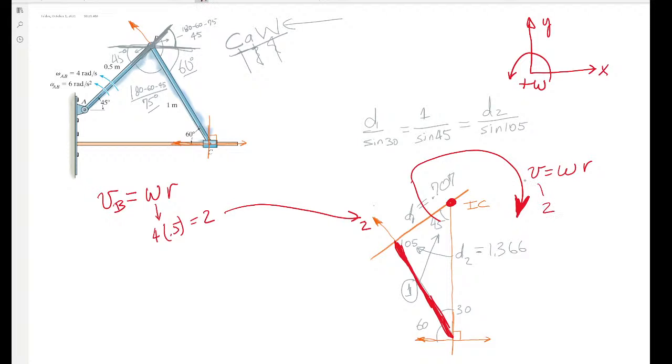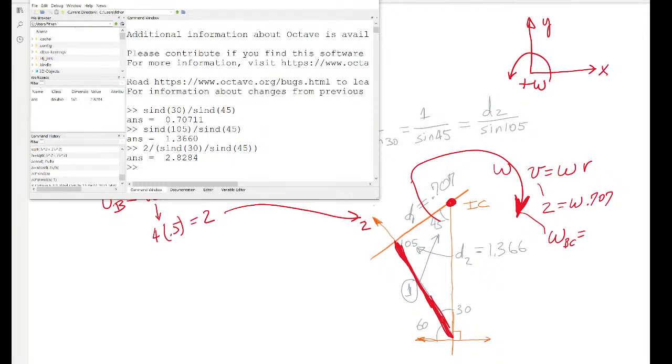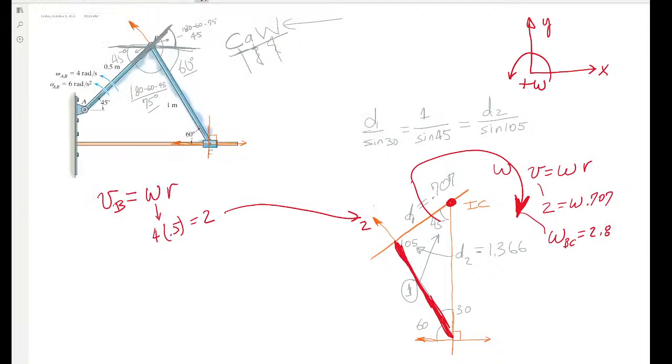We get a 2. This is the omega, 2, and 0.707, which gives me this omega BC equaling 2 divided by, let's go back, take our 2, divide it by 0.707, I got 2.8284.